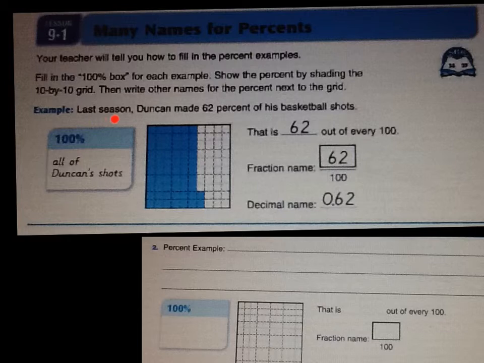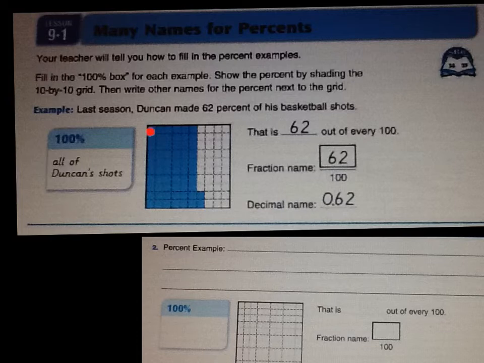It says last season Duncan made 62% of his basketball shots. And we can see here that the 100% would be represented if he made all of his shots. But here it says he made 62%. And we know percent means out of 100.